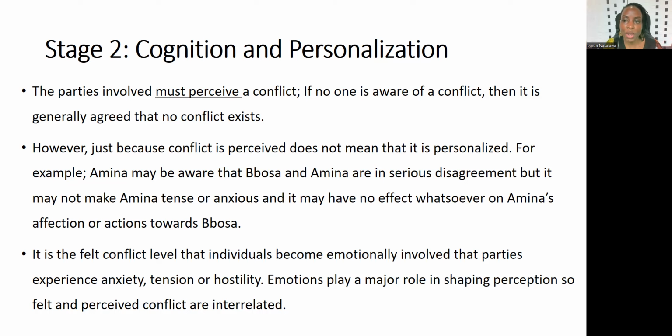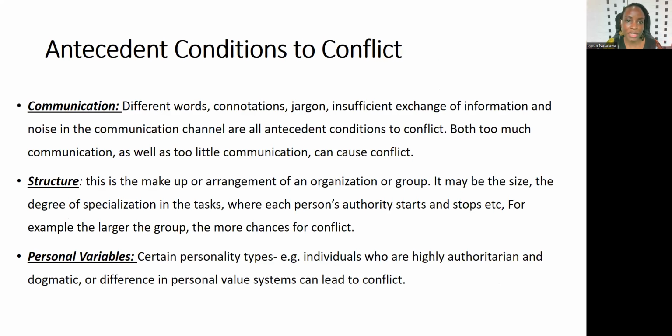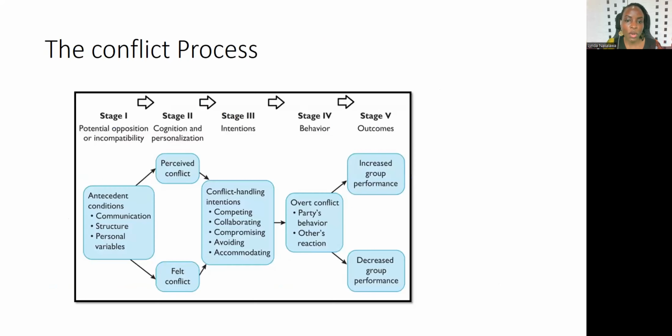Let us go back to our table for one moment and look at it a bit more closely and see where this felt conflict comes in. Okay. Can you see under stage 2 where we have stage 2, perceived conflict and felt conflict?